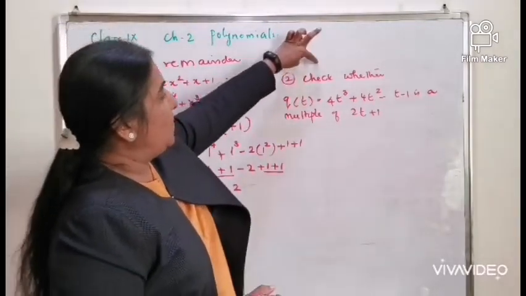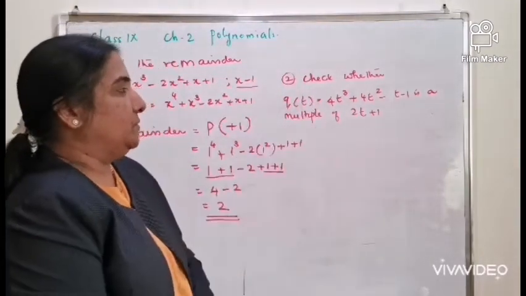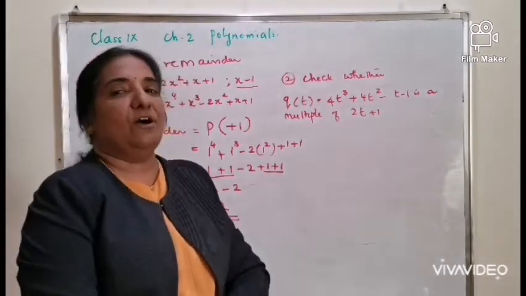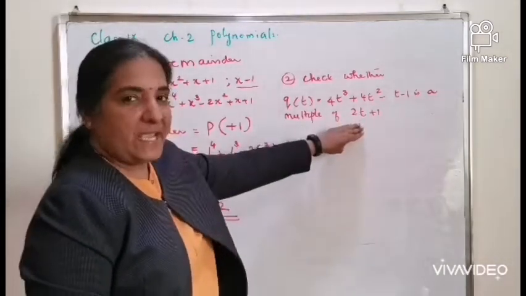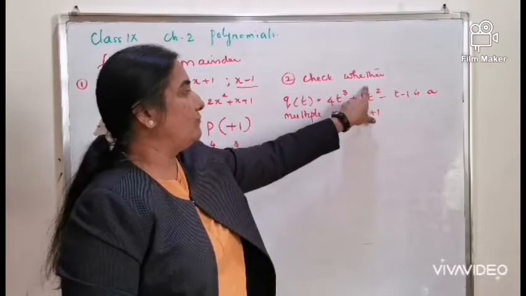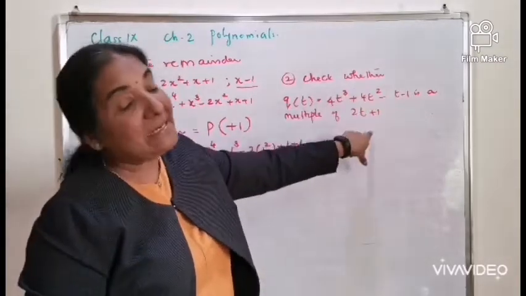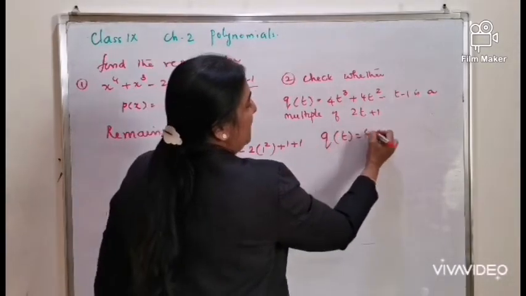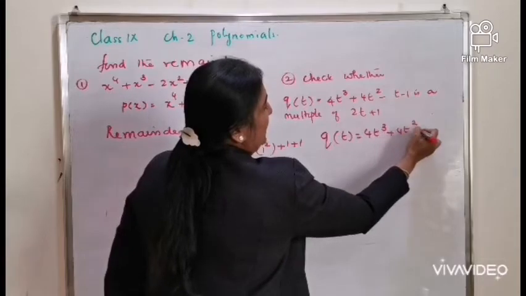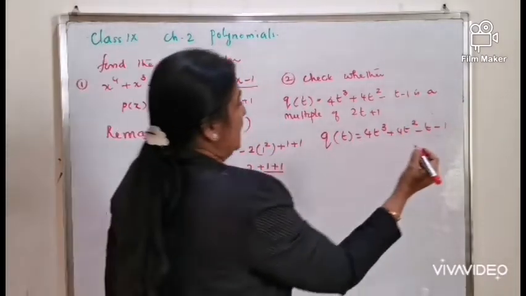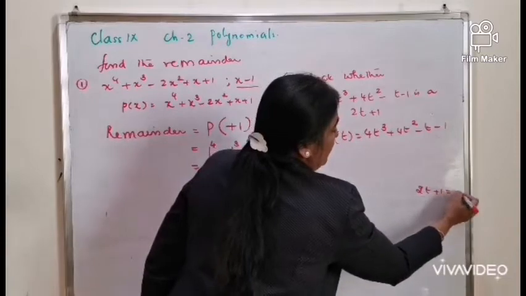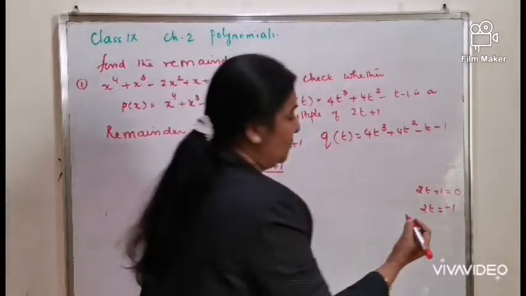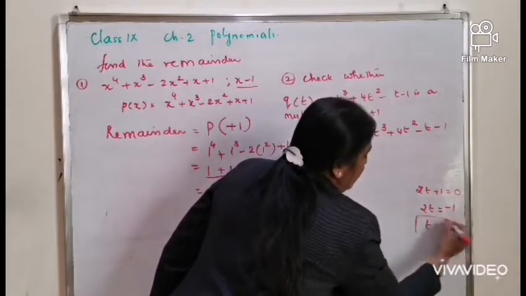Similarly, check whether q of t is equal to 4t cube plus 4t square minus t minus 1 is a multiple of 2t plus 1. The method is the same. If 2t plus 1 is a factor of this polynomial, the polynomial is a multiple of it. q of t is equal to 4t cube plus 4t square minus t minus 1. 2t plus 1 equal to 0, 2t is equal to minus 1, or t is equal to minus half.